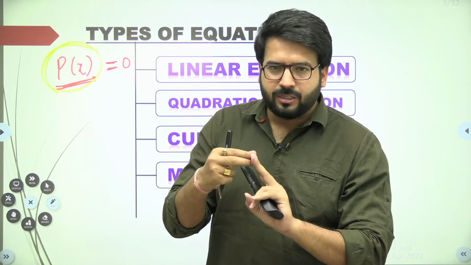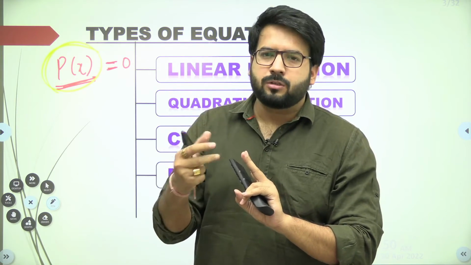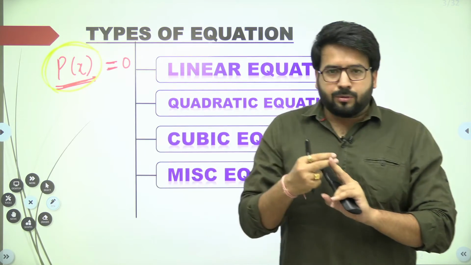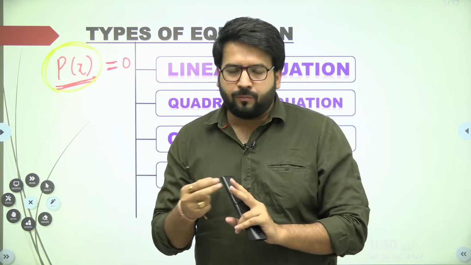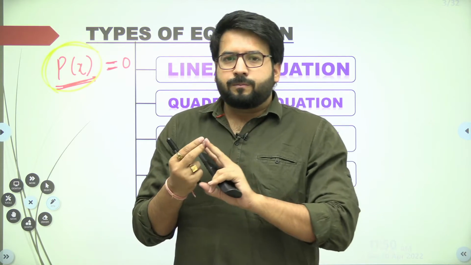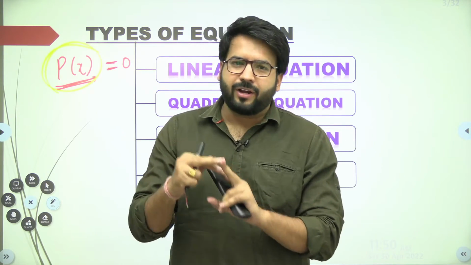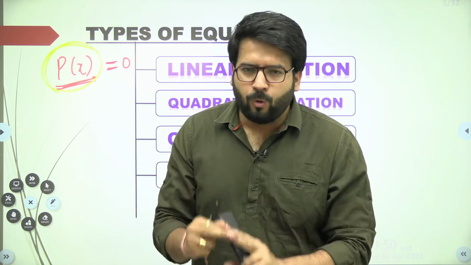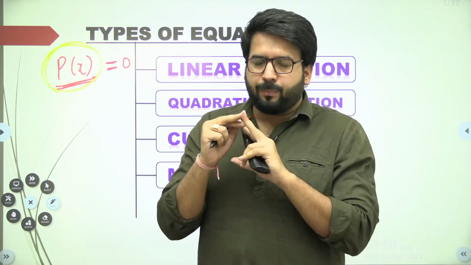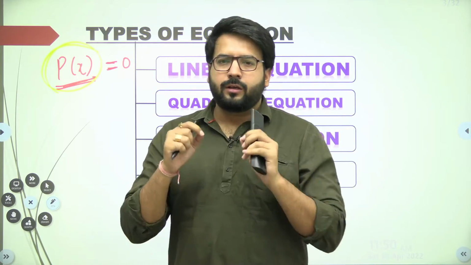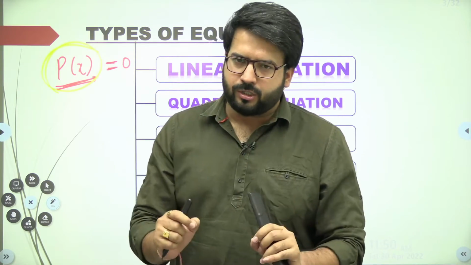So an expression which consists of many mathematical terms, involving mathematical operations on numbers and variables, is known as a polynomial, and if that polynomial is equal to 0, then it is known as an equation.